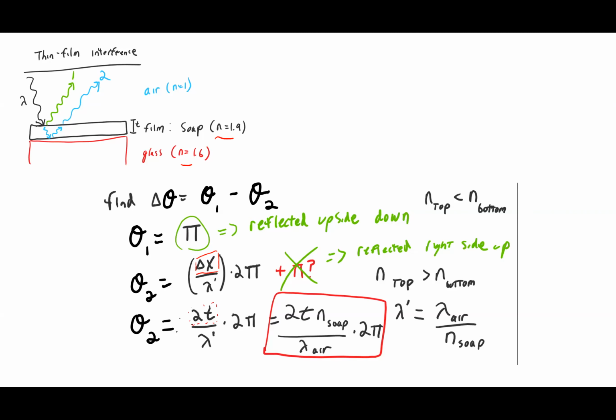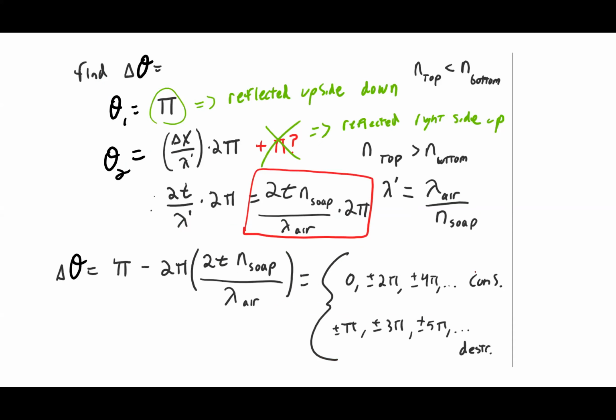It goes down into the film and back out. The wavelength, though, is going to be the wavelength in the soap. So if I want to express that in terms of the wavelength in air, which is probably the one that I know, then I have to divide it by the index of refraction of the soap. That's why I get the index of refraction of the soap here, because I have to correct the wavelength, because the wavelength is different in the soap.